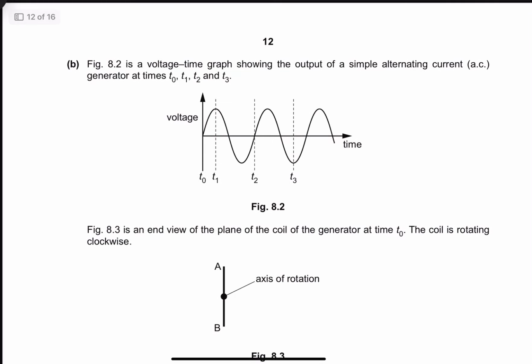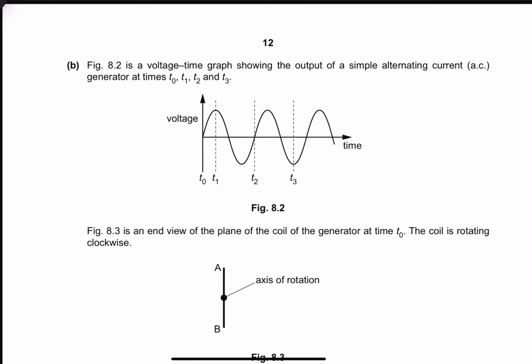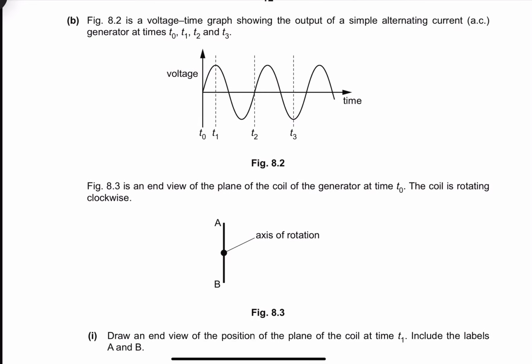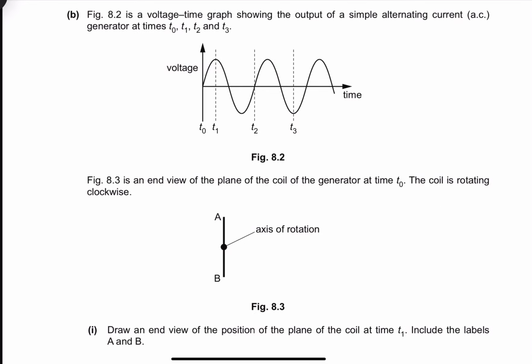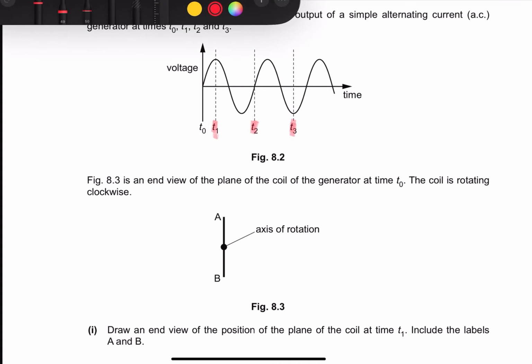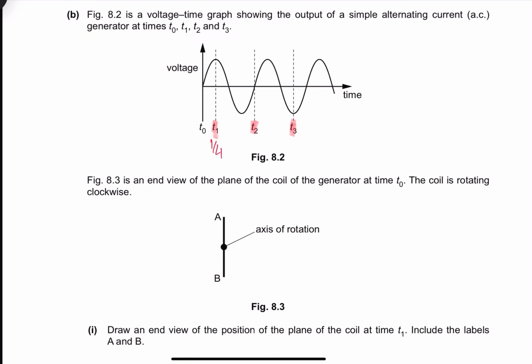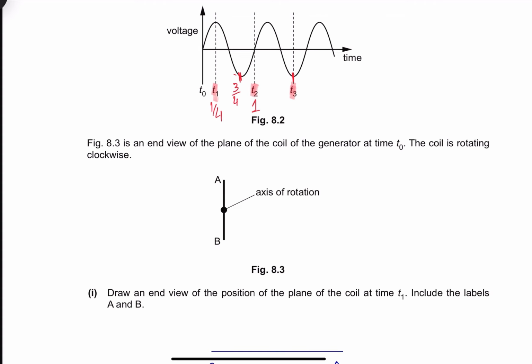In part B, we have a graph of voltage and time in which different times are given: t1, t2, t3. If this is 1/4 of the cycle, this is a complete one cycle, and if you compare this part and this part, they are the same. This is 3/4 of the cycle. Initially it is at this point.